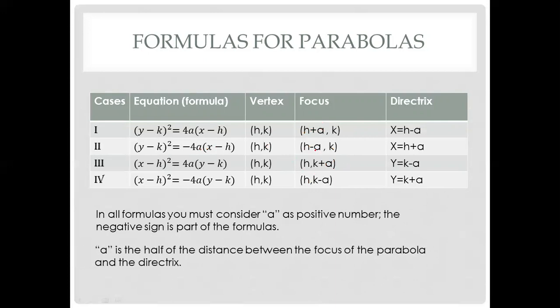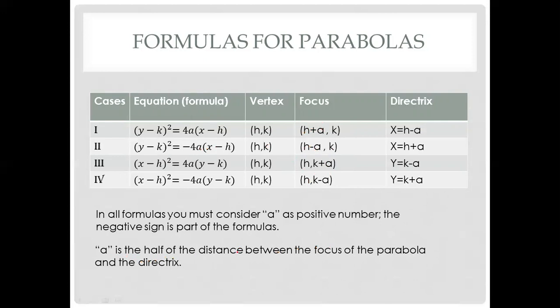a is the half of the distance between the focus of the parabola and the directrix. Don't confuse this with the vertex that I mentioned, because the vertex is a point, the midpoint. But a, which is a positive number, is related with half of the distance between the focus and the directrix.